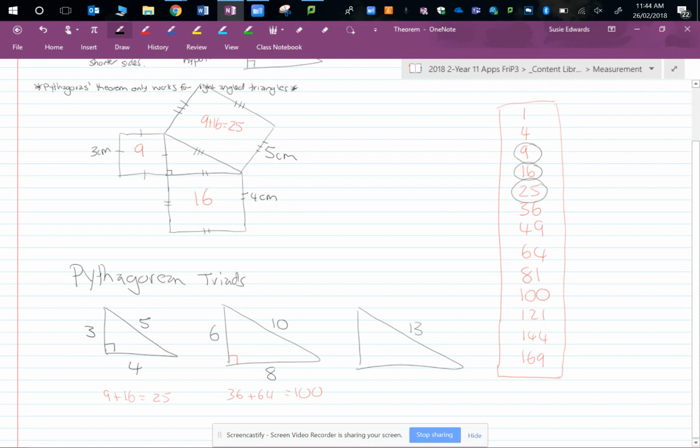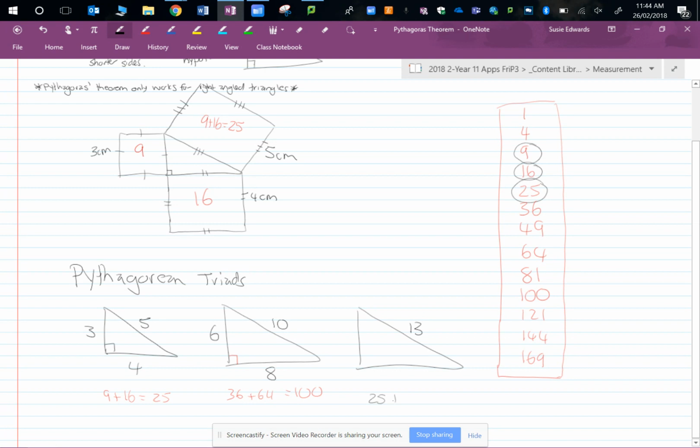What two numbers add up to 169? 25 and 144.